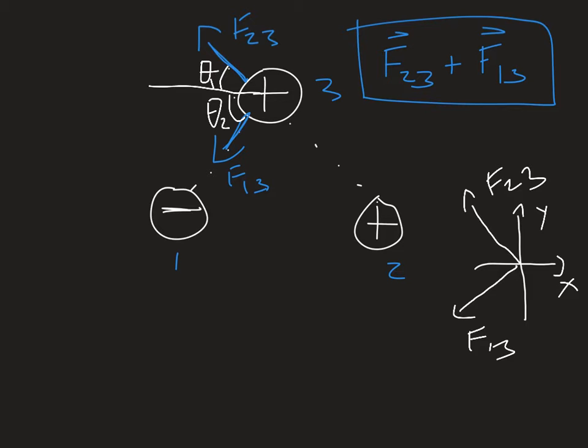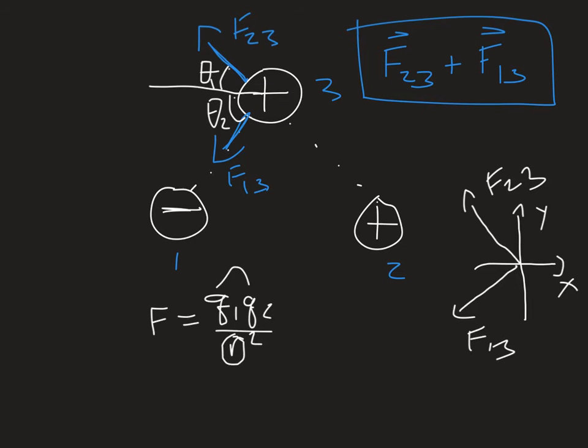Then, once you've used the geometry to find the direction, you're going to find the magnitudes. And so we're going to use the formula of Coulomb's law, Q1 Q2 over R squared. And of course, I could have a Q1 Q3 over R squared. And in each case, this R is the distance between the charges.